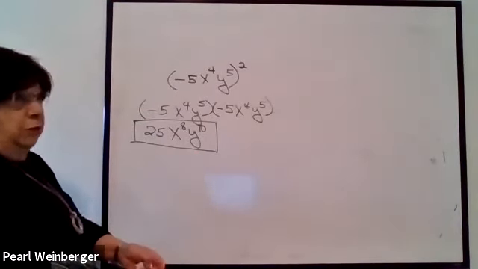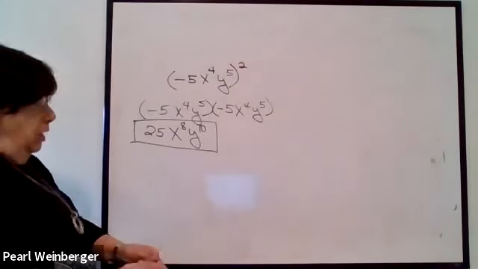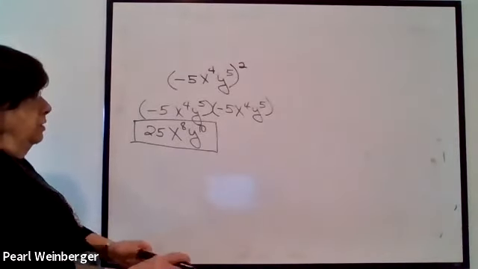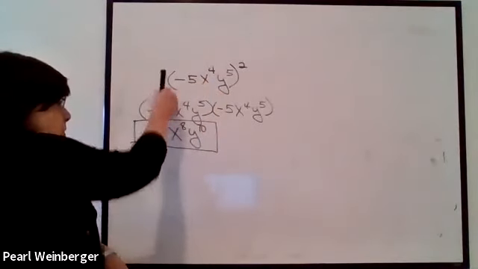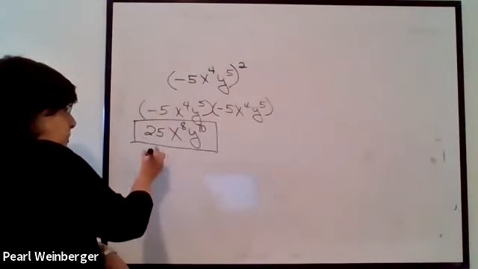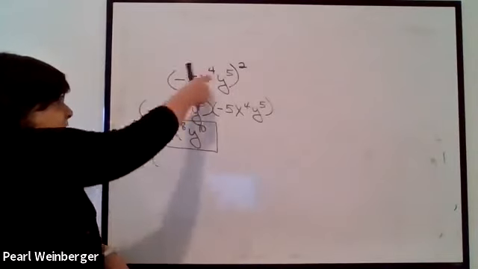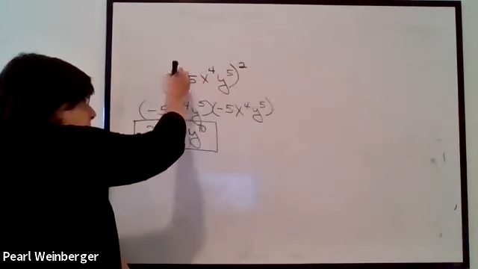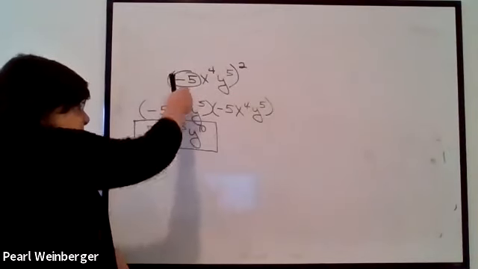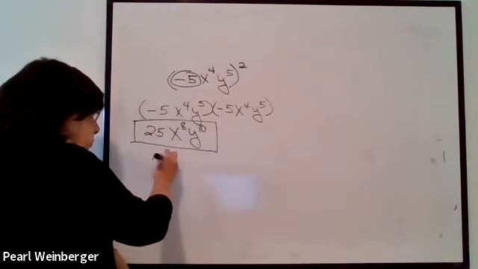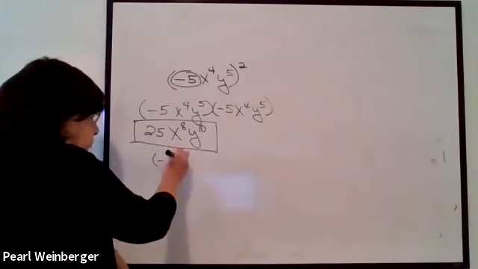Just to show you that we could have done it the other way, the way with distributing the exponent that we learned just now, we're going to have to take this 2 exponent and put it on every single factor. One of the factors is -5, so we're going to have to do -5 to the square.